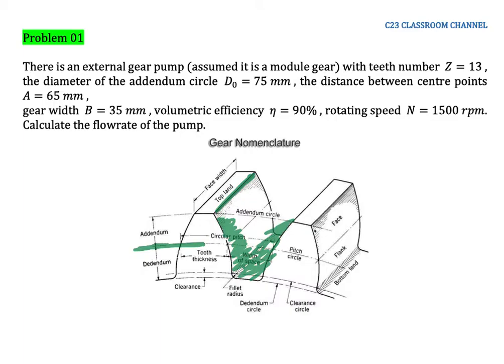However, in gear pump, sometimes we have difficulties because we cannot calculate the volume straightforwardly by using a normal equation. So here I would like to introduce you how to predict or estimate the volume of a gear pump like this one.